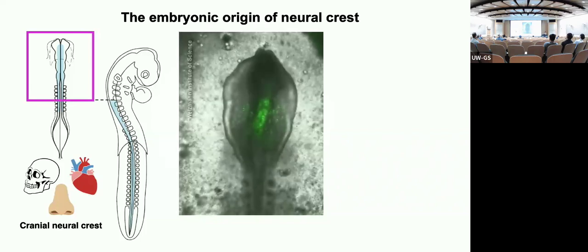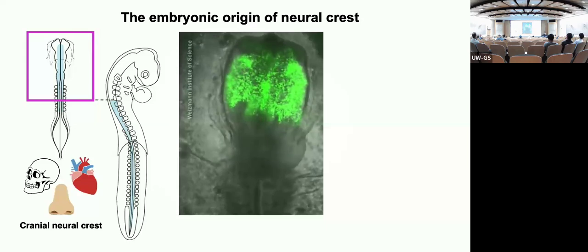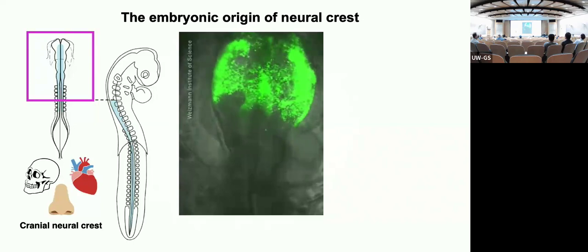And one really beautiful thing about neural crest is that it has this ability to produce these cells that migrate out into streams to your extremities. So, your nerves are all over your body, but they originate from your spine, and so they have to migrate throughout the body.